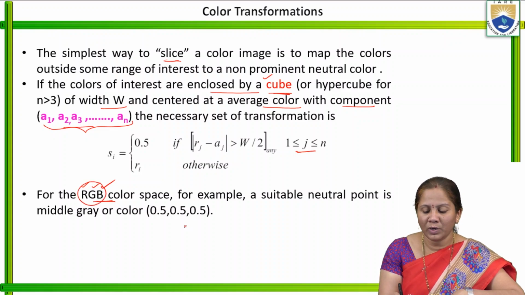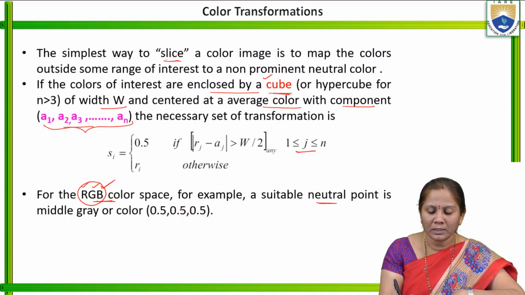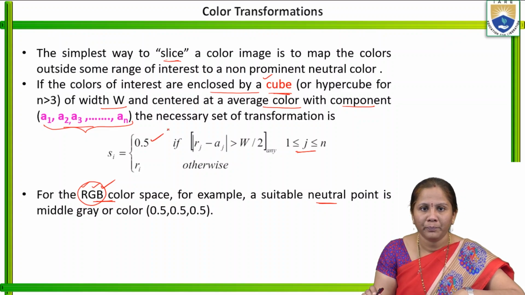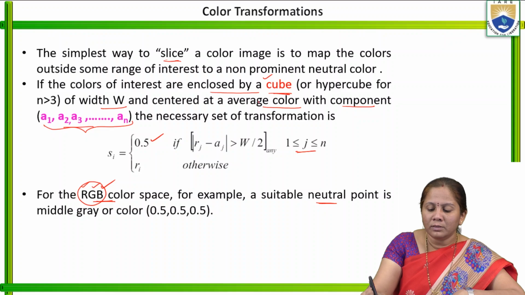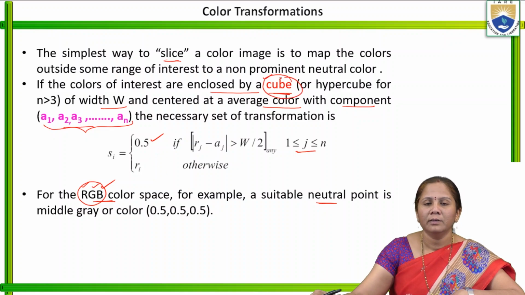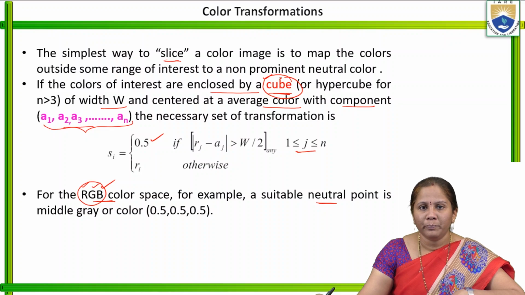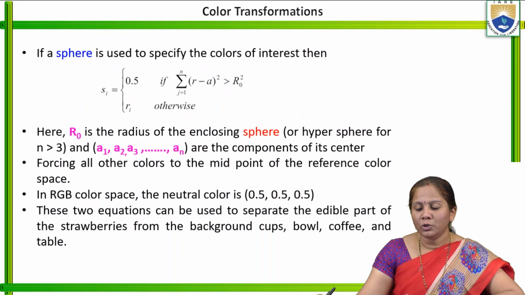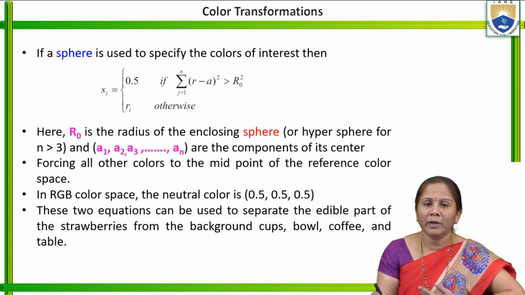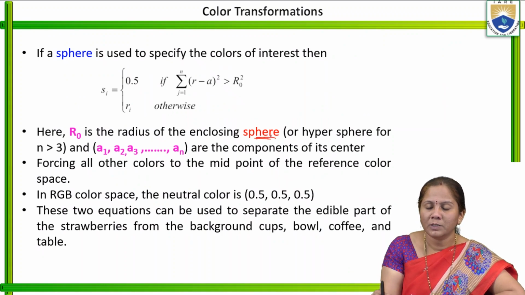In this case, we can select the neutral point where RGB are the same, that is 0.5, 0.5 and 0.5. This transformation we apply when the structure is like a cube. In another case, it may be like a sphere.